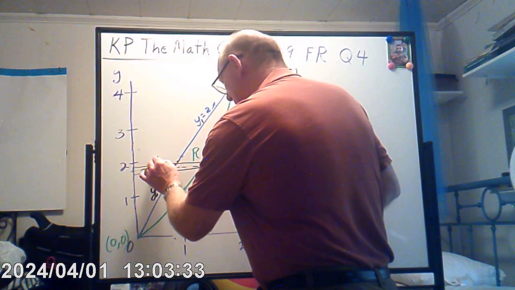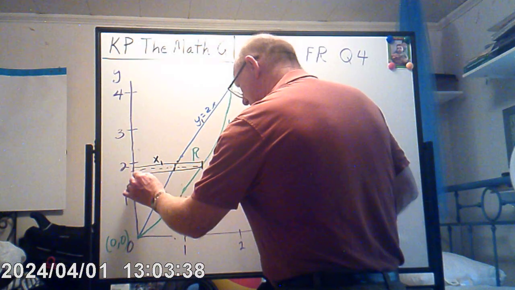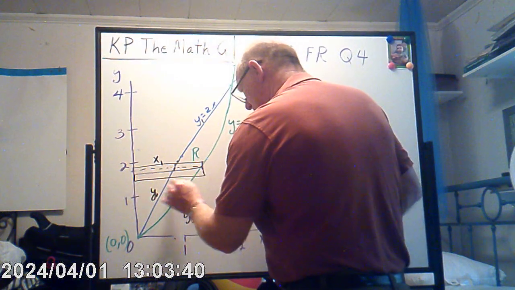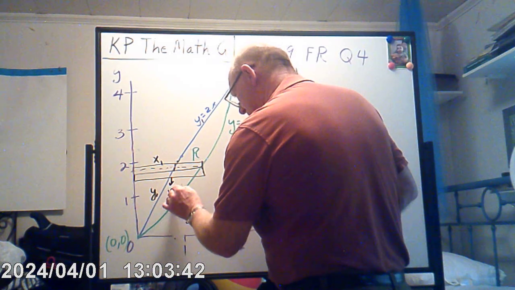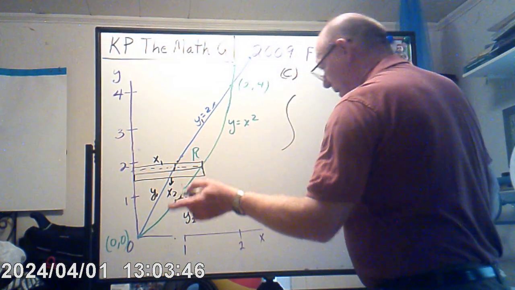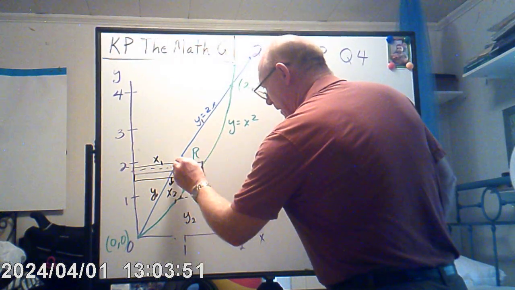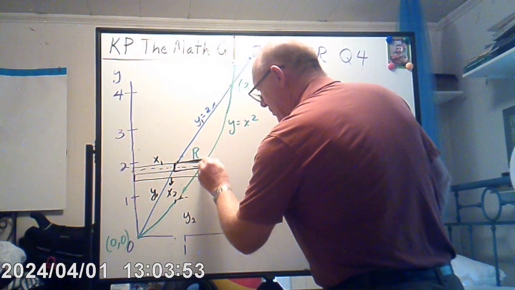So this is x, and this whole length from here to here is x2. So actually what we're looking for is this right here. That's what we're looking for.